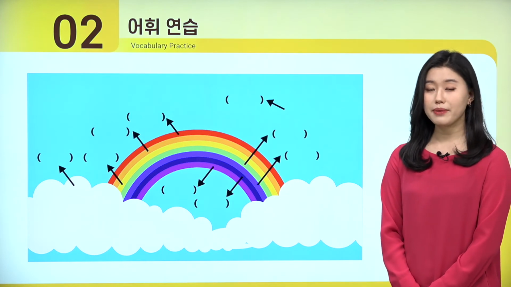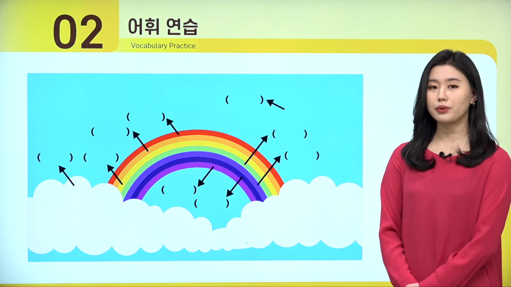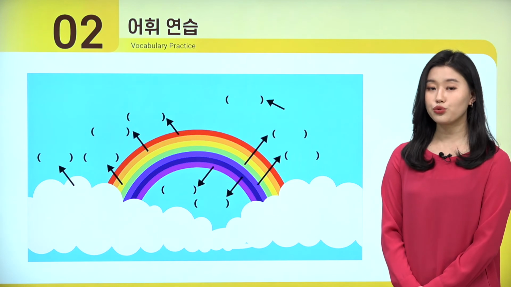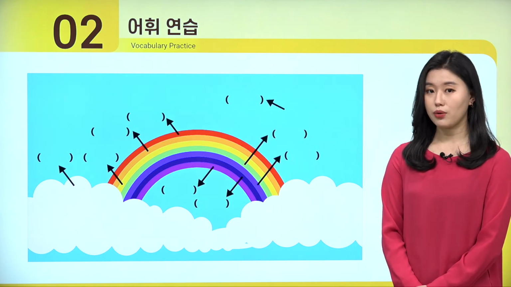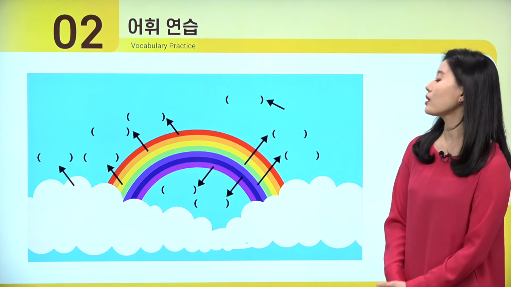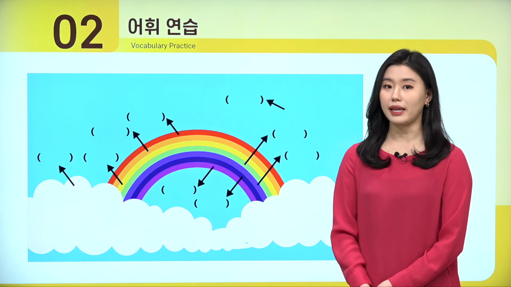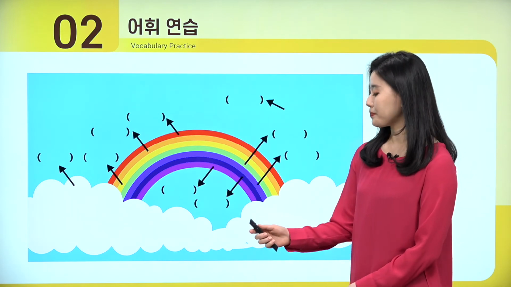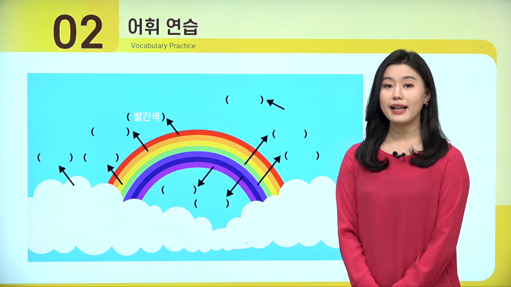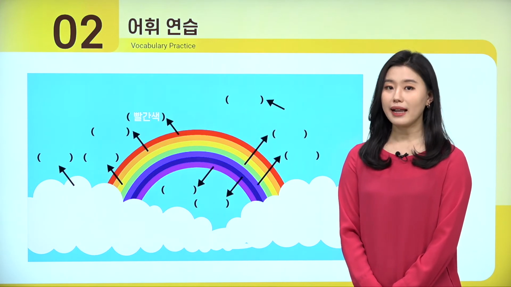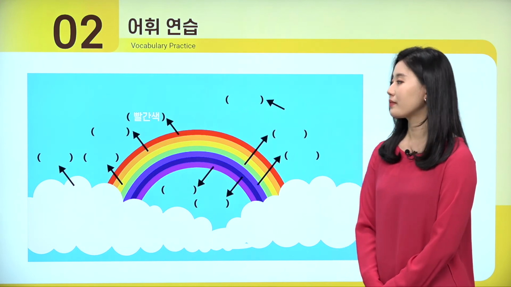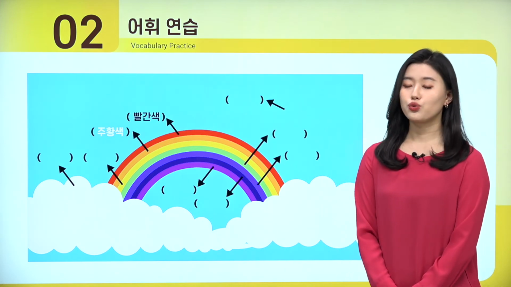Okay, we have a rainbow in the picture. Rainbow in Korean is 무지개. A rainbow has a lot of colors, so let's take a look and fill in the blanks. First, we have 빨간색, red. Next one, 주황색.